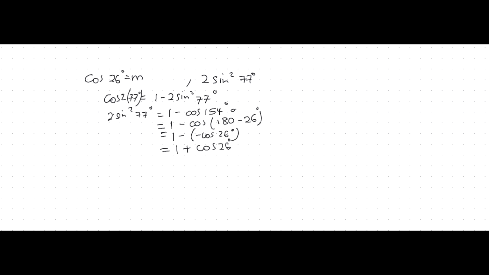Earlier they did tell me that cos 26 is equal to m, so you just replace it with m. So this is the answer for when you are trying to find 2 sine squared 77 degrees.